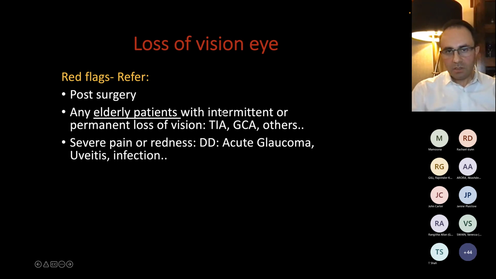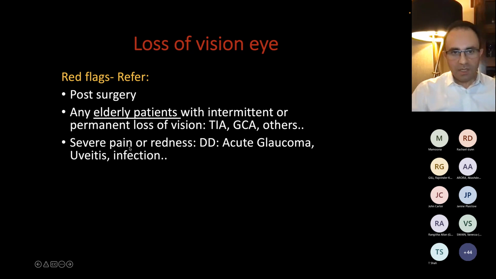However, if the age is about 50 or less, usually ideally up to 45, you can always consider migraine. But I wouldn't consider migraine, especially if this is the first time in any elderly patient. Those people, we need to think about the vascular diseases, which could be very serious if not treated or assessed properly.